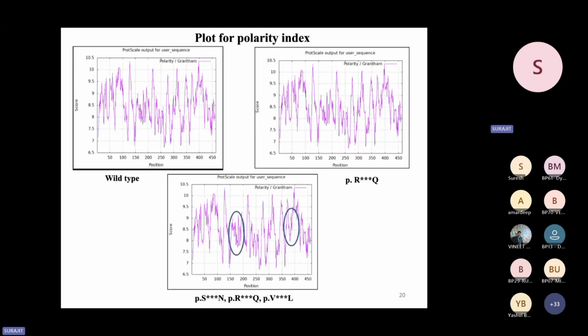Then we drew the polar plot. We plotted these variants with the polarity index, with three types of protein: one is wild type, one is the protein with the mutant variant, and another is the mutant variant protein with two SNPs. Here we find a change in the polarity plot when these three variants are together, rather than in the wild type and the mutant variant.